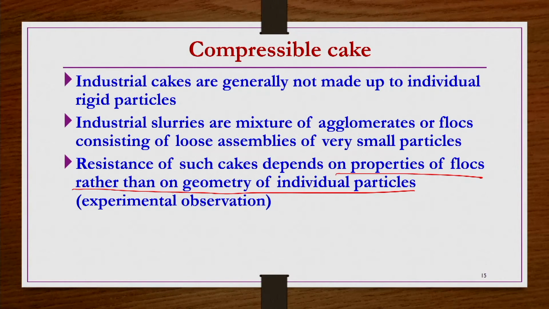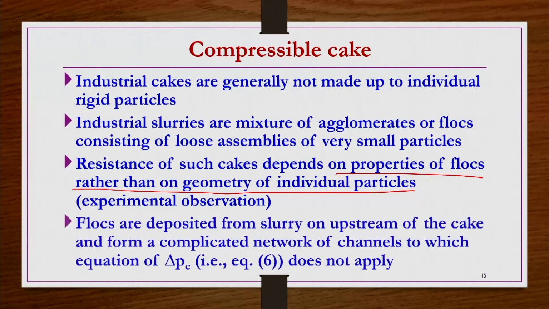So, in the previous case, the incompressible cake, alpha is a function of particle properties, like size of the particle and voidage of the bed, etc. But in reality, the industrial cake resistance depends on the properties of flocs rather than geometry of individual particles.